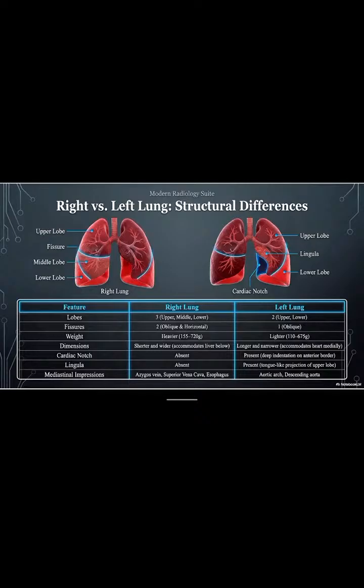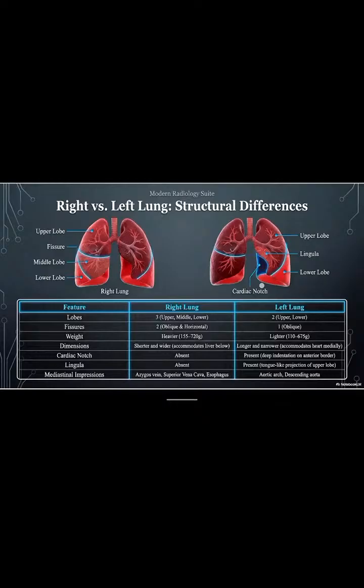The left one is longer and narrower. Narrow means thin, while the left lung is longer than the right lung.